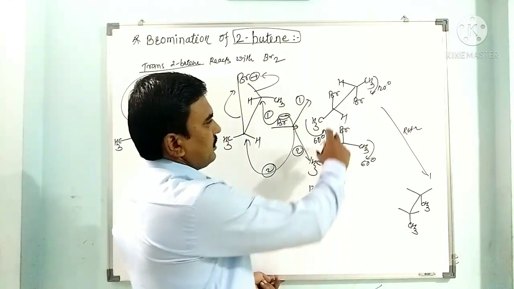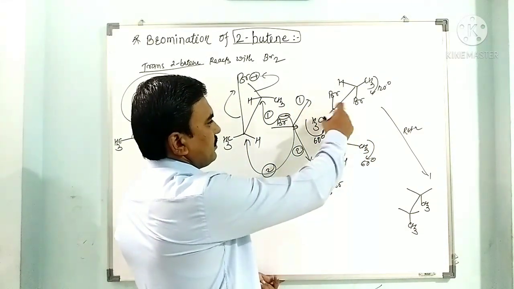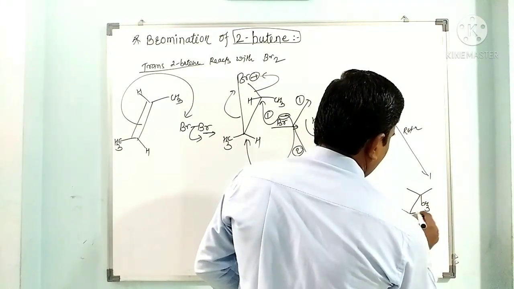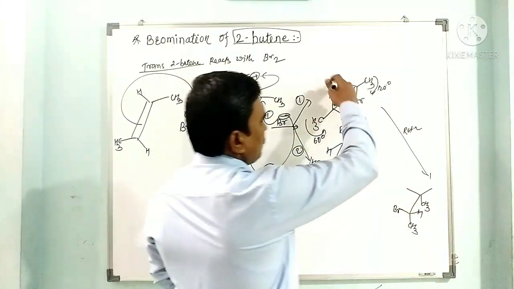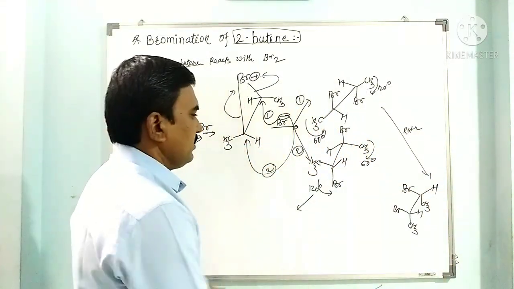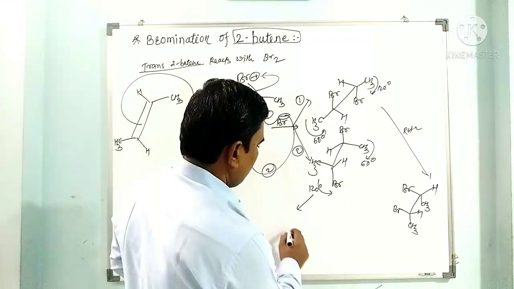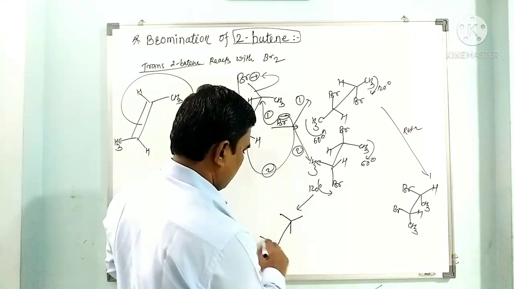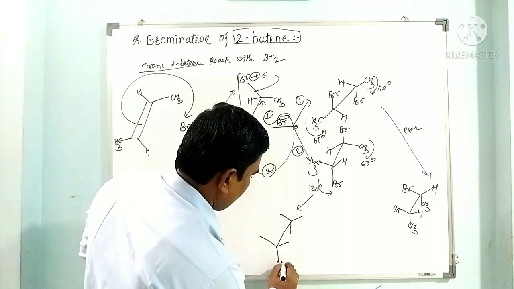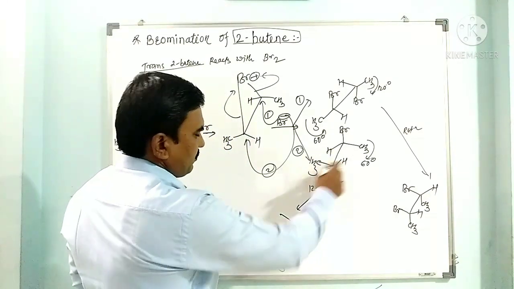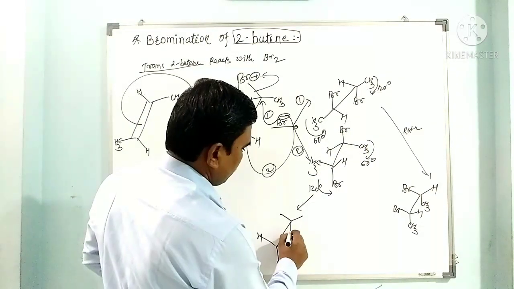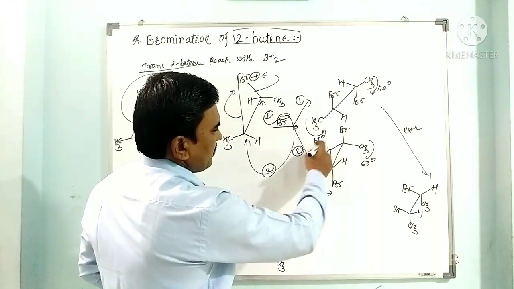And here this methyl down, Br, H, and here this methyl down, Br, H. And when we see this, we are having this methyl down. So here this is H, Br, when this is methyl down, then this is H, Br.